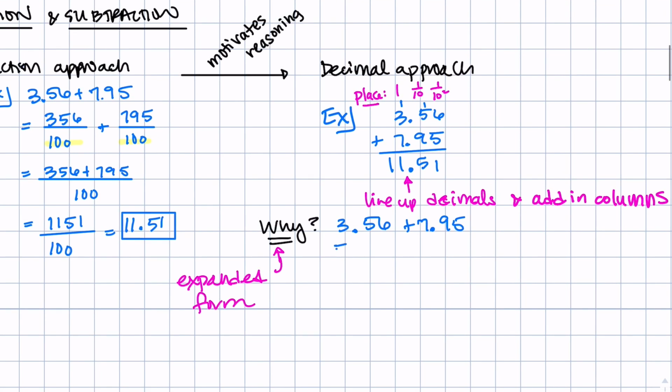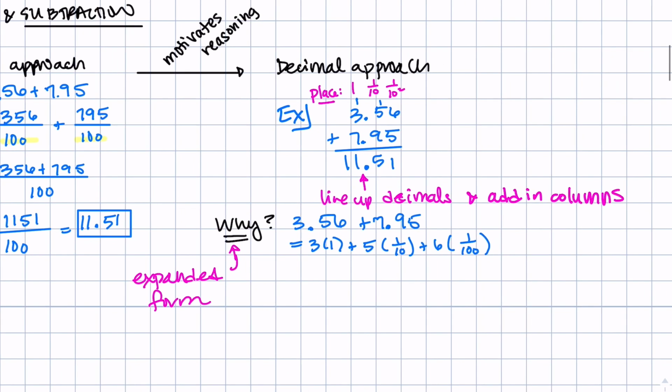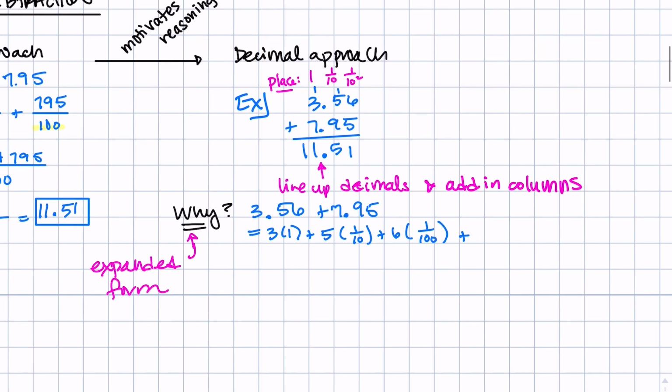If I write 3.56 in expanded form, I have 3 ones, 5 1/10ths, and 6 1/100ths. And for 7.95, I have 7 ones, 9 tenths, and 5 1/100ths.